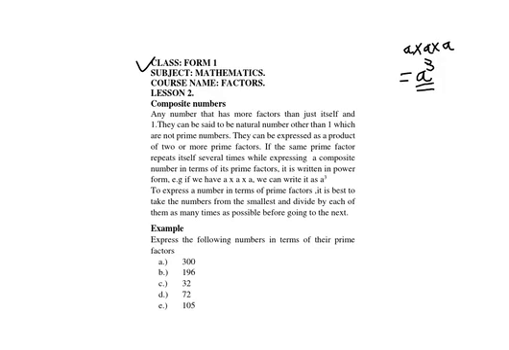For example, we are told to express the following numbers in terms of their prime factors, and the first one is 300. So we start with the smallest prime factor, which is 2. Remember, we said 1 is not a prime factor because it has only one factor, that is 1. So divide by 2, this will give us 150. We divide by 2, this gives us 75.